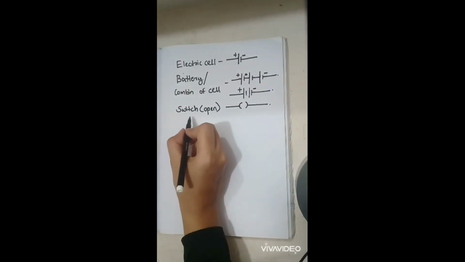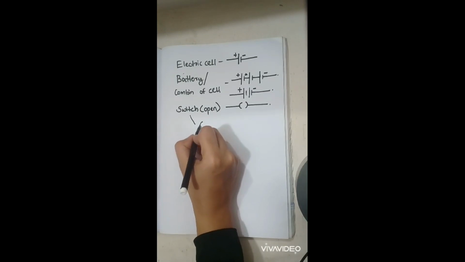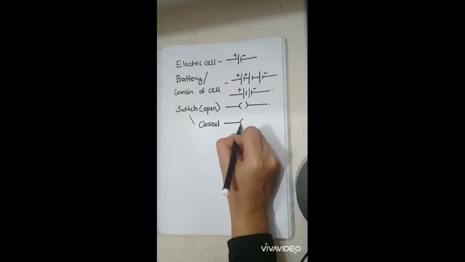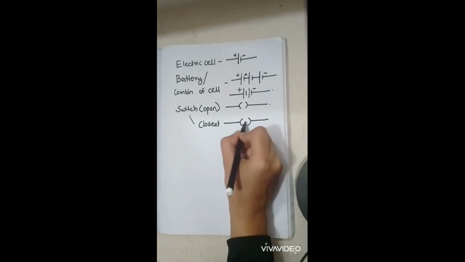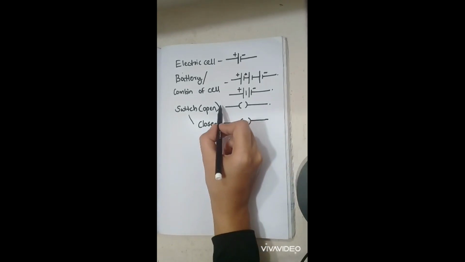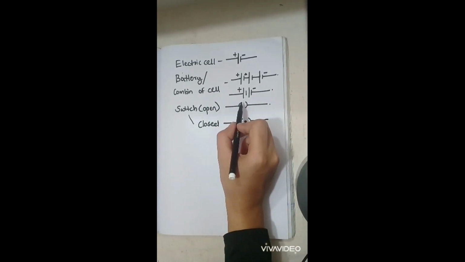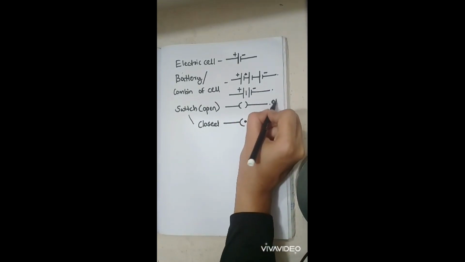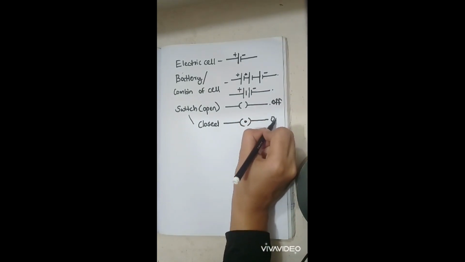Then switch closed means it is connected, that is, the current will pass through the circuit. This is the switch closed and this is the switch open. Switch open means switch off. This is off and this is switch on.